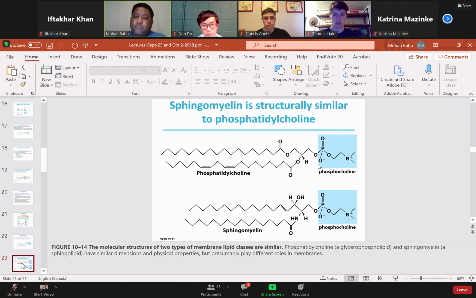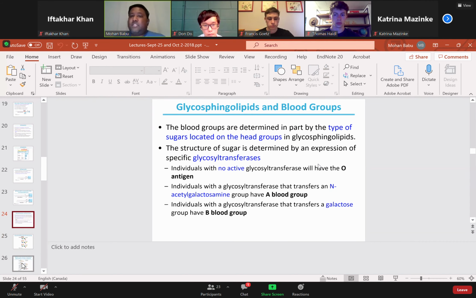Here is one example to show the glycosphingolipids in the blood groups. Our blood groups are determined by the type of sugar molecules located on the head groups of the glycosphingolipids. The structure of the sugar is determined by the expression of the glycosyltransferases, the enzymes. If you have individuals with no active glycosyltransferase, then they have the O antigen.